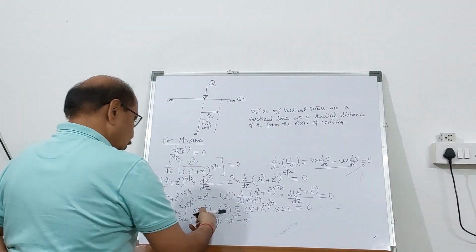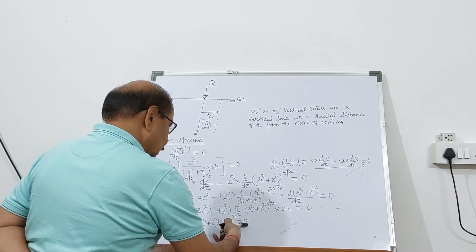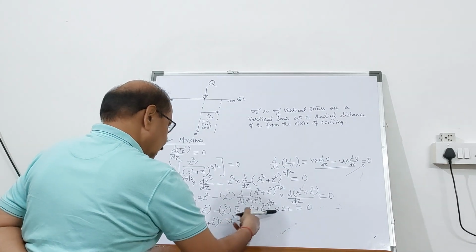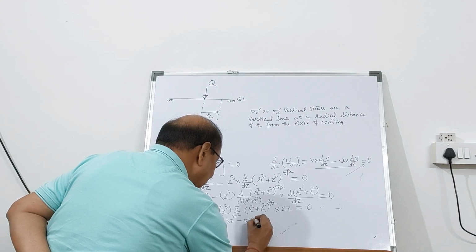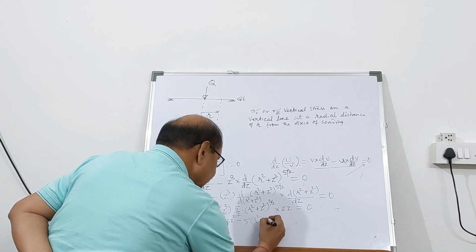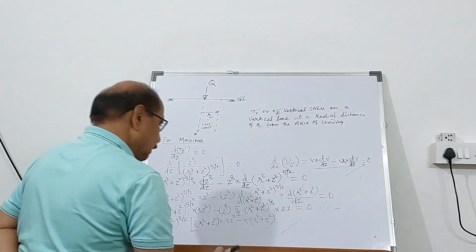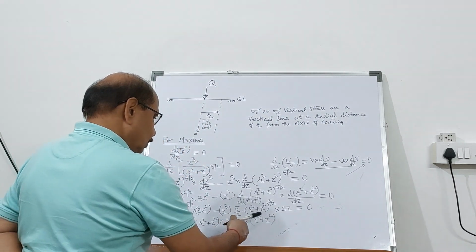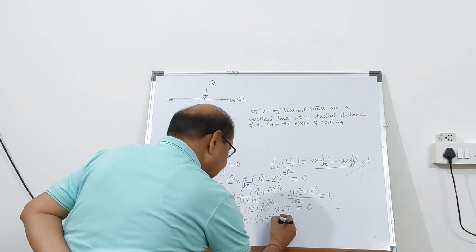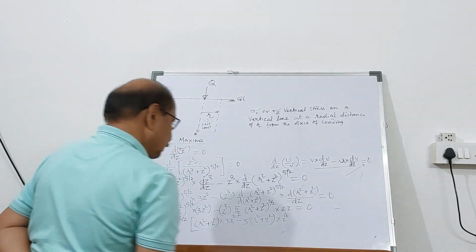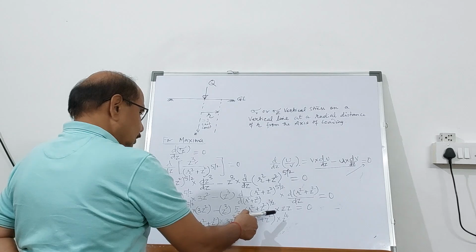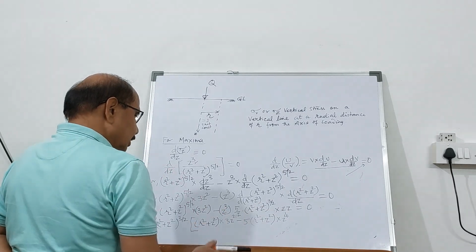So this is going to be 5 times r square plus z square, and this z cube and z, this becomes z4, z cube into z becomes z4.